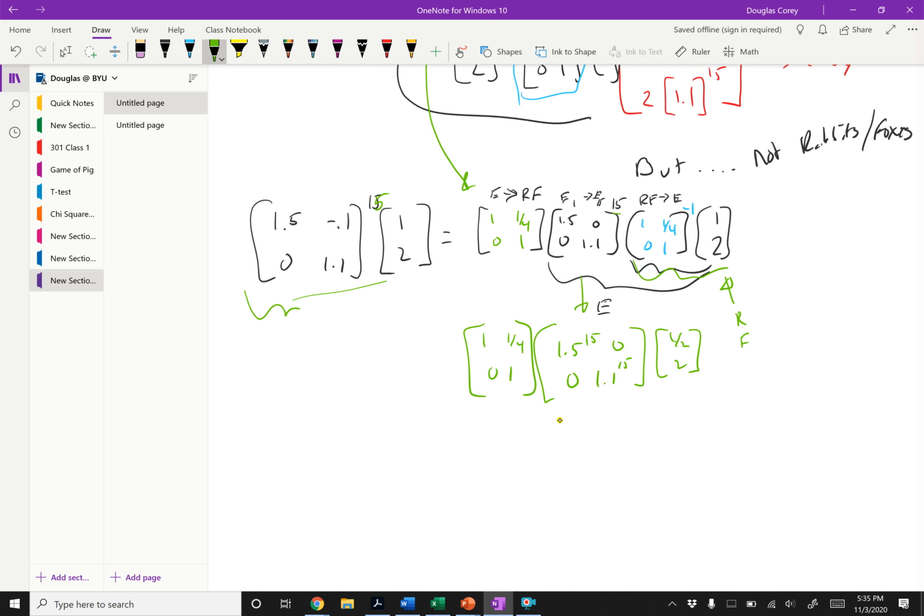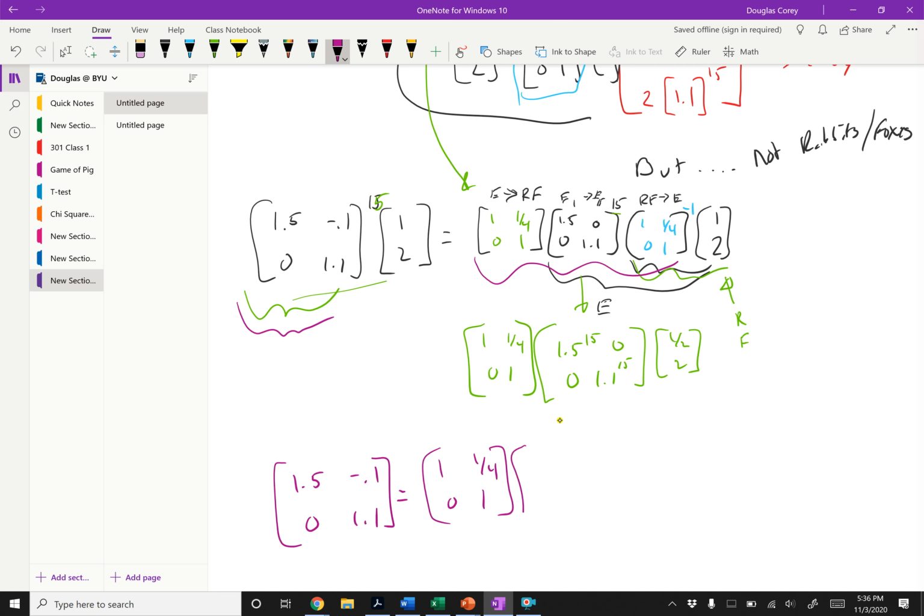Now, what we've done is we've rewritten this matrix as these three matrices. So 1.5, minus 0.1, 0, 1.1 is the same as 1, 1/4, 0, 1, times 1.5, 0, 0, 1.1, times 1, 1/4, 0, 1 inverse.